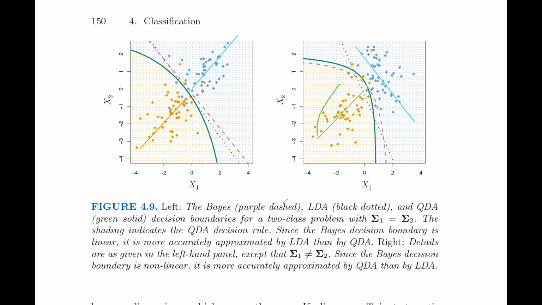This ellipse is something like this. But this ellipse is something like this. So you definitely want the QDA to reflect the significant differences between covariances.